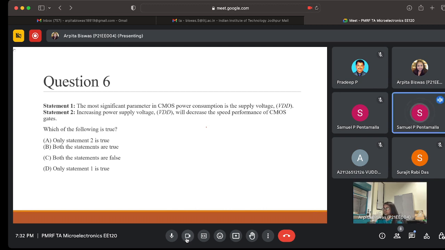So power, as per that formula, madam, total power is called total power dissipation. In that, dynamic power is mostly considered, so there in that VDD square will be there in power dissipation.